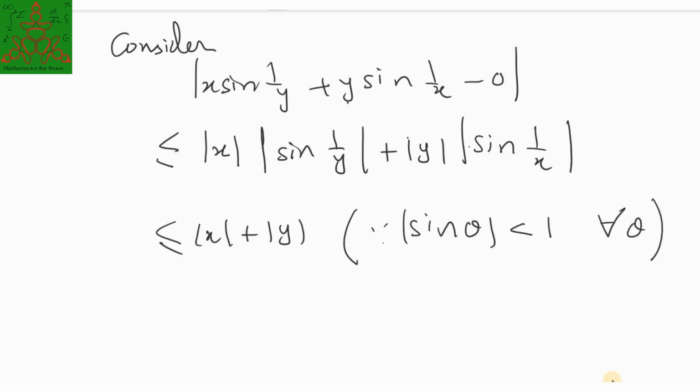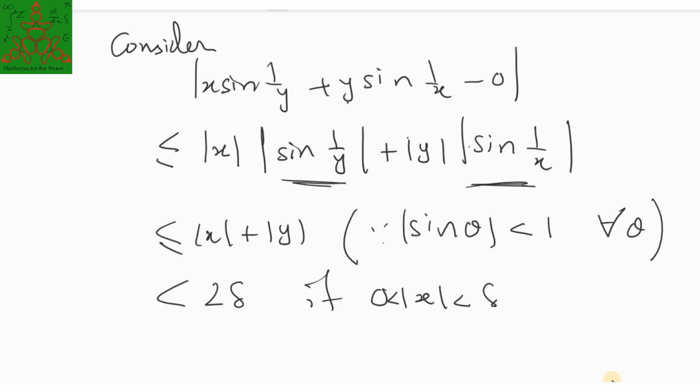Due to the sine function being between minus 1 and 1, each of these factors is less than 1, and this will be less than 2 delta, because mod of x is less than delta and mod of y is also less than delta.